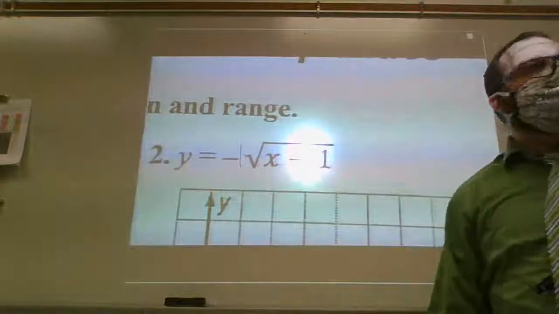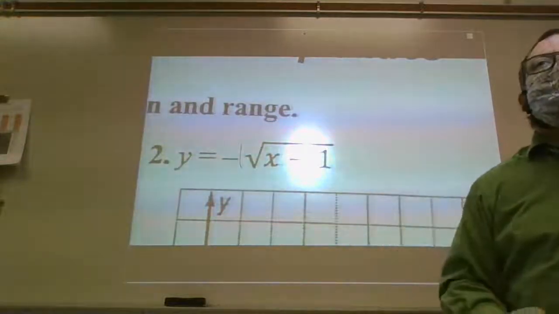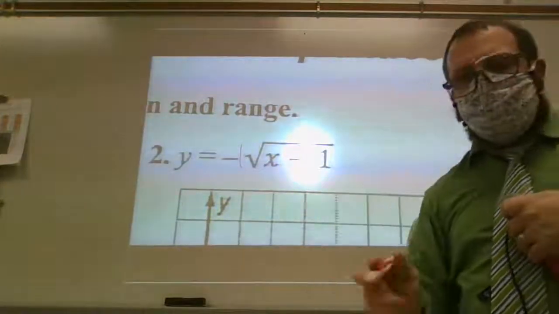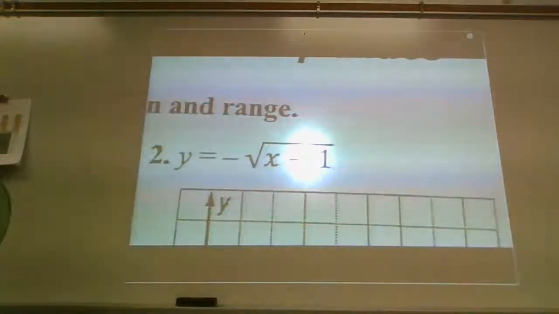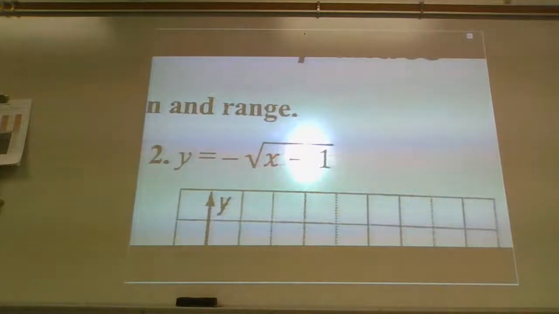That's a negative 1, causing it to go down. The A value will determine whether or not the graph will go up or down. If the A value is negative, it will force a vertical reflection.